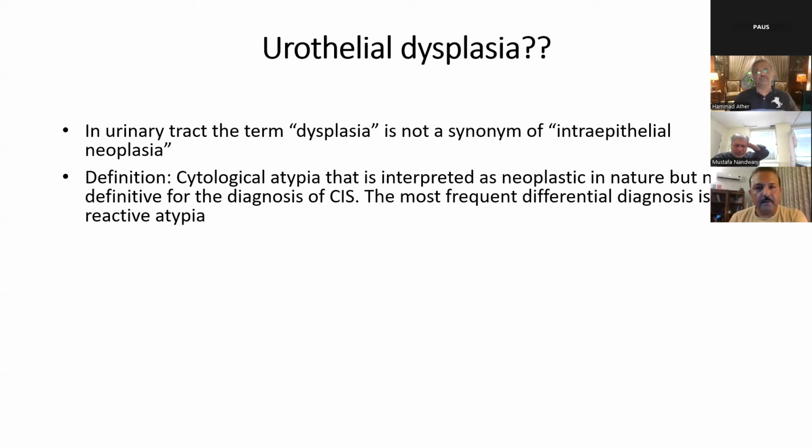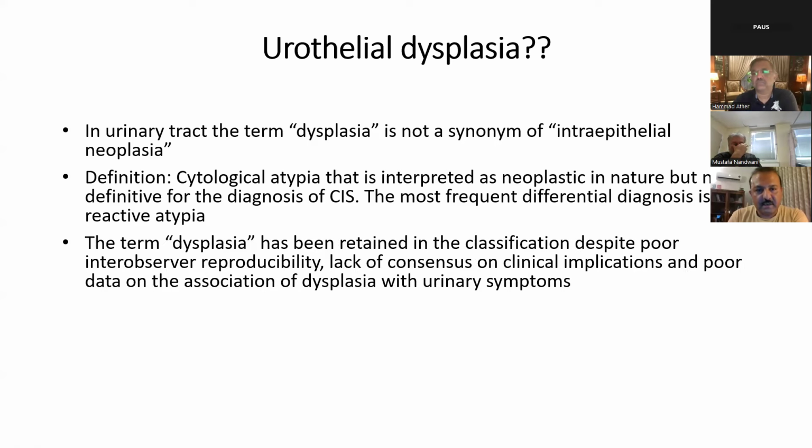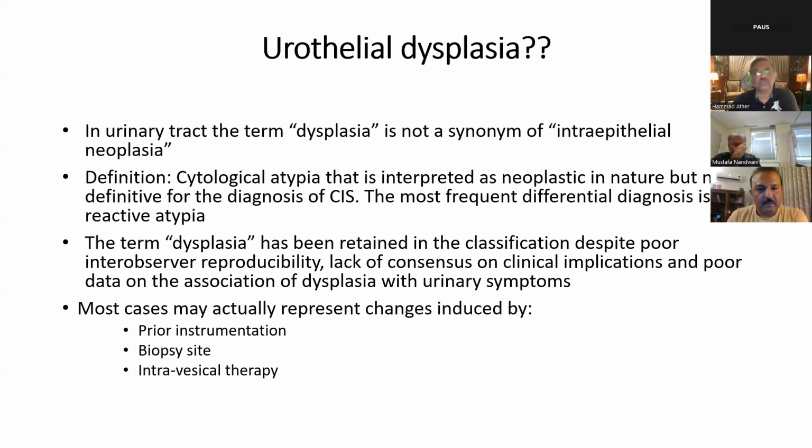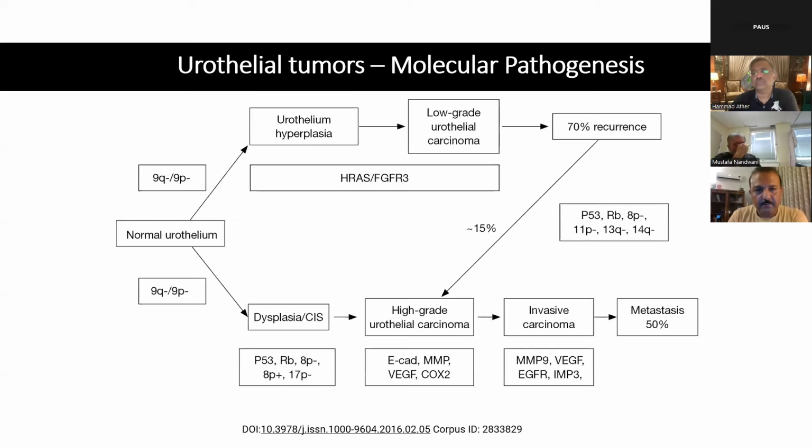From a practical point of view, if we have dysplasia-like features in our bladder urothelium, we should think more of reactive atypia, because various studies have shown that it is in fact reactive proliferation in the urothelium secondary to chronic inflammation or instrumentation. It can be because of a biopsy site reaction, or secondary to intravesical therapy. But still we have this term included in the WHO.